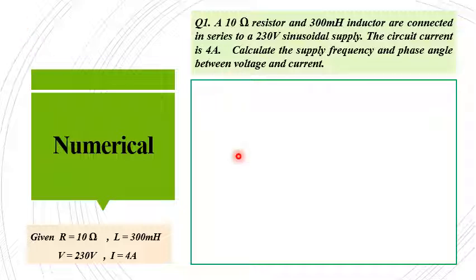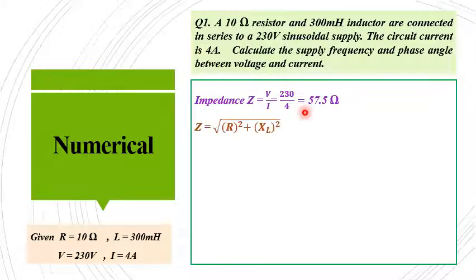Then since voltage and current is given, we can find the impedance of the circuit. Impedance is actually the opposition offered by the circuit to the flow of current. So impedance Z is equal to V by I, that is 230 by 4, which is equal to 57.5 ohm.